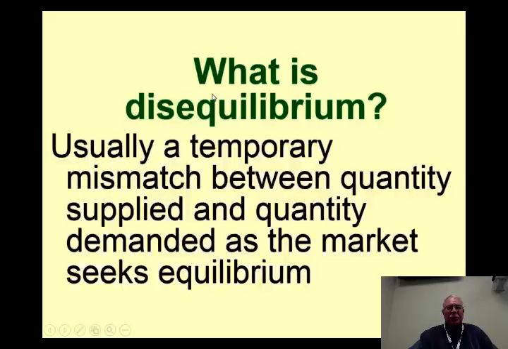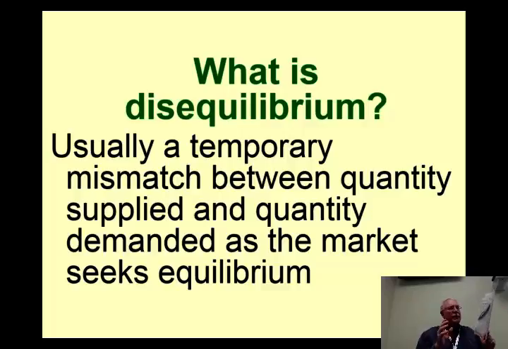What is disequilibrium? Again, this is just definition. So much of economics is just definition. If this newspaper represents an equilibrium, then being in a disequilibrium simply means that we're not at the equilibrium, that we're over here or over here.